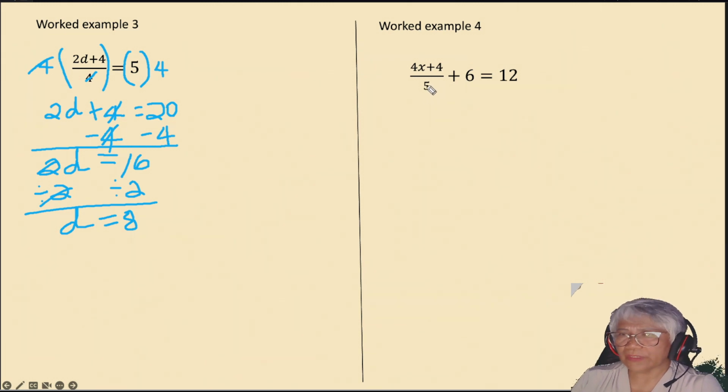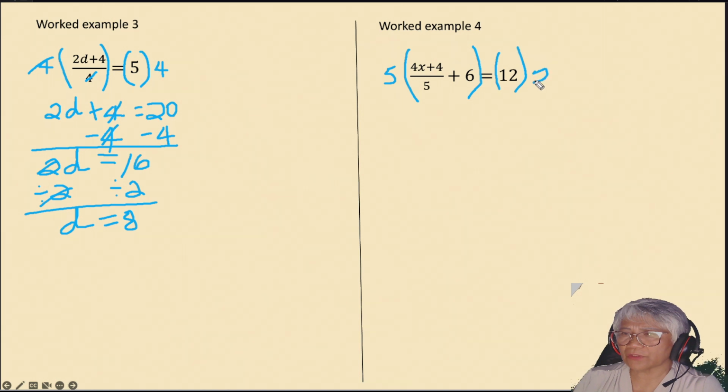There is a denominator here, meaning division is involved. Therefore, we're going to multiply. Use the inverse of division, so multiplication. So multiply both sides by 5.